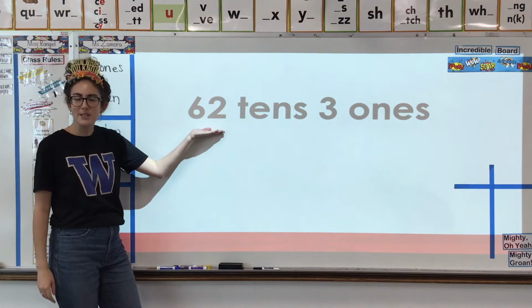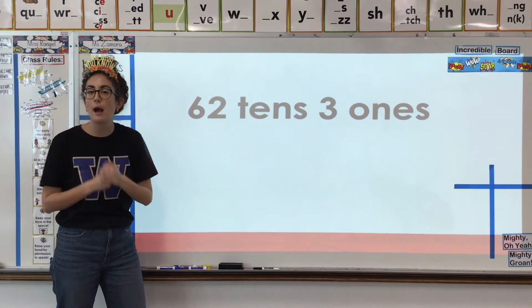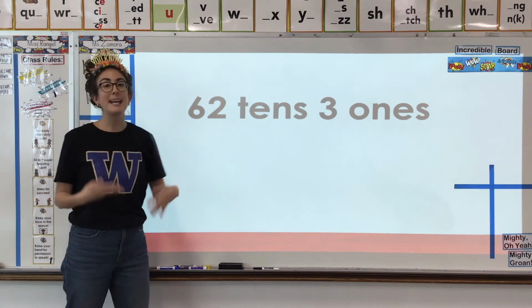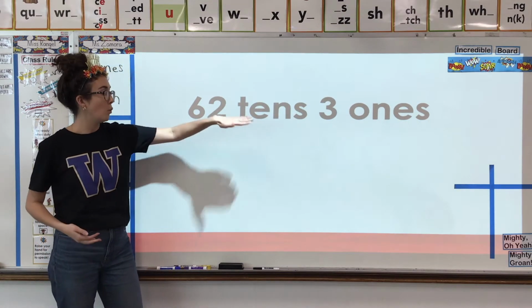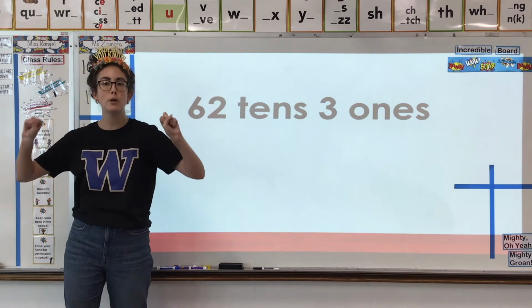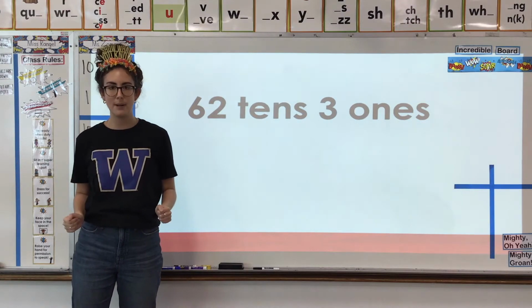So as we're taking a look at 62 tens, I want you to make sure you have that written on your whiteboard. 62 tens. To make it simpler for ourselves, we can break up 62 tens into 2 groups so we can have a simpler time seeing what we need to bundle.